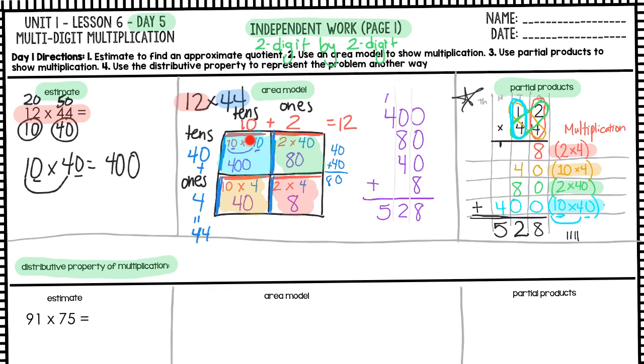When we're multiplying each part, we're going to say, okay, well, if I first take 2 times 4, I know that's staying together because it happened in one box in the area model. I first multiplied my ones times my ones, which again, I can see right here.